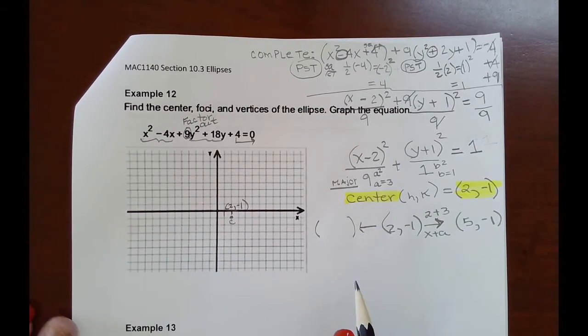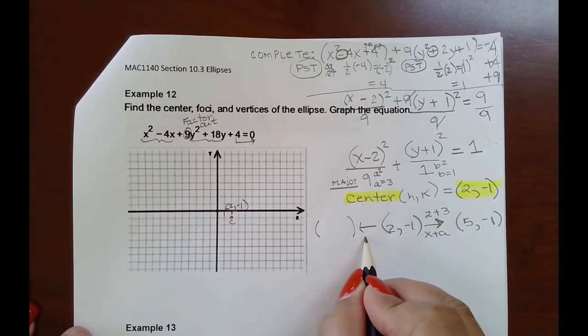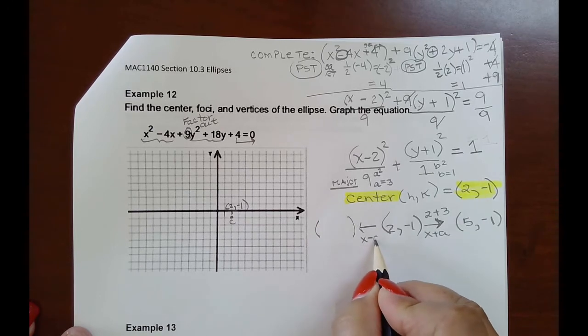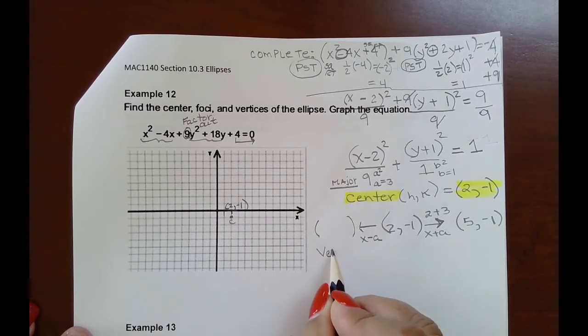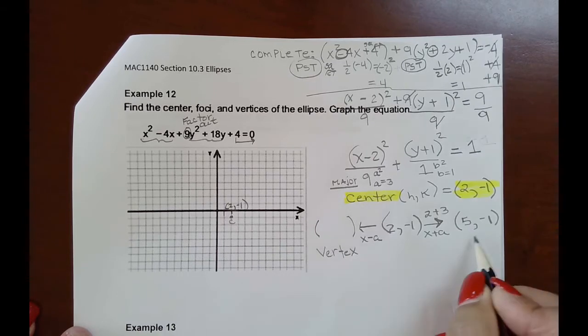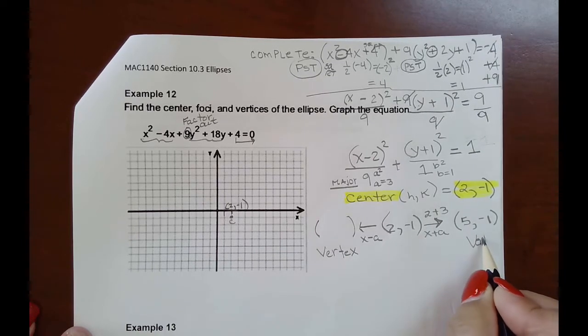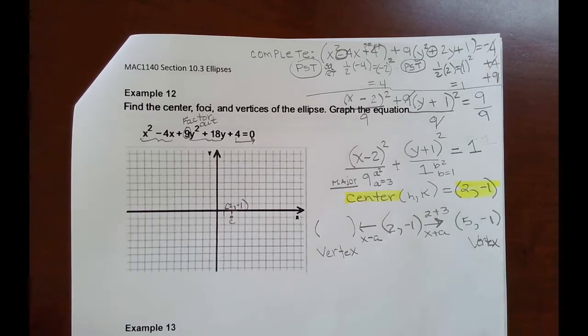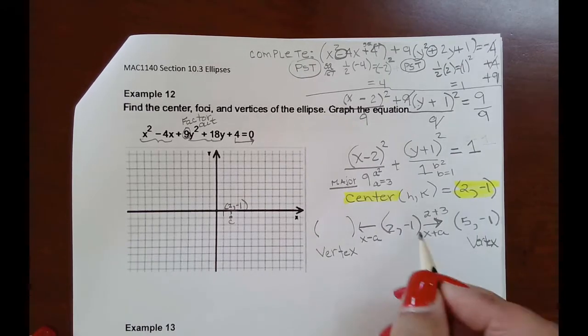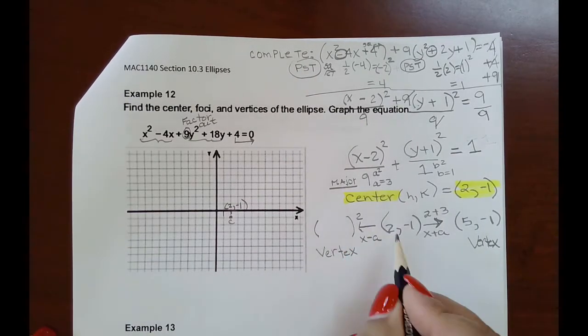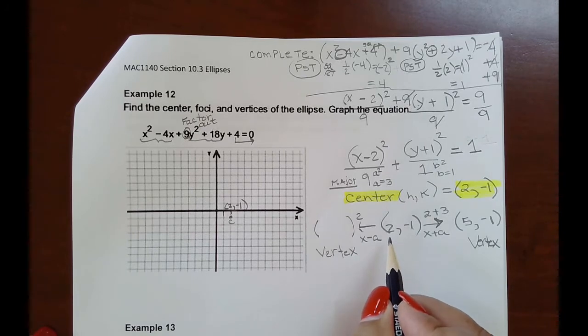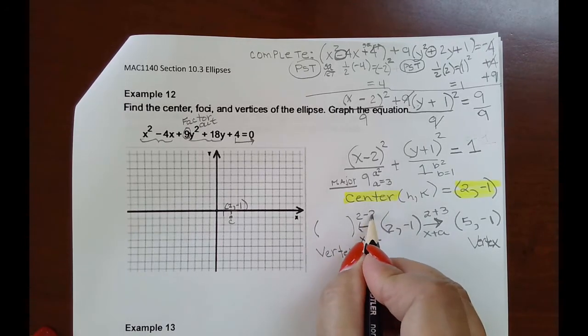Then I'm going to move to the left, which means I'm going to take my x coordinate and subtract the a value because I'm trying to go to the vertices. This is one vertex, this is the other, in case I did not explain that. That's why I'm adding the a value, because I'm going to the vertices. So, the x value, which is 2, and then subtract the a value.